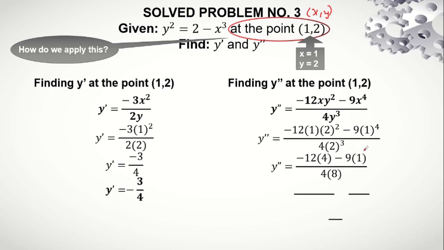So, times 9 is negative 9. Then, multiply, we have 4 times negative 2 is negative 8. Negative 9 times 1 is negative 9. Ngayon, since same sign, add mo siya. Negative 8 plus negative 9 is negative 17 all over 32. So, that is the point stand for.